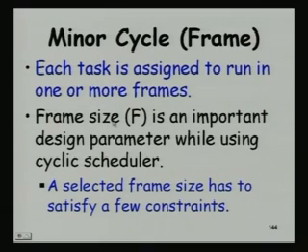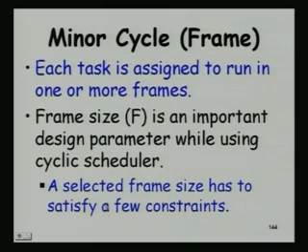As we will see in the subsequent discussion today, the frame size is one of the important parameters that a programmer has to design. And then based on the frame size found, he will have to set the periodic timer, which will determine the frames.